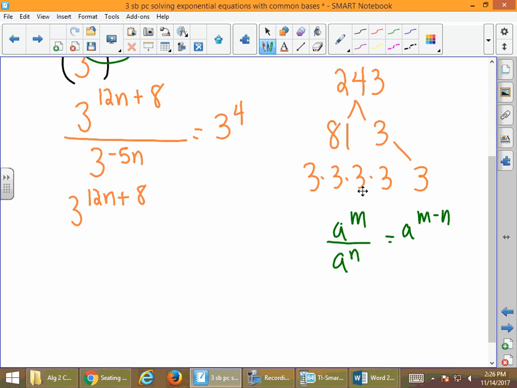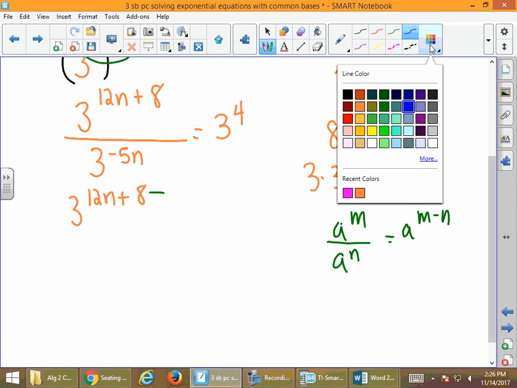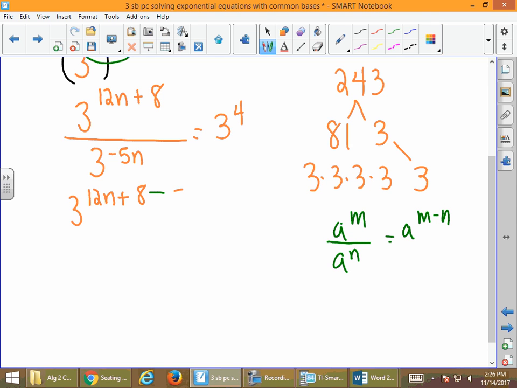I'm actually going to write it in minus our denominator exponent, which is -5n. 2 negatives together, but that gets everything out of the fraction, minus the -5n. And now that still equals 3 to the 4th.